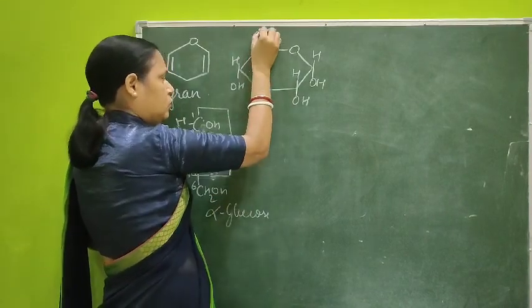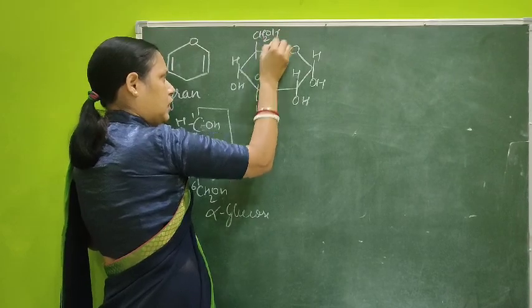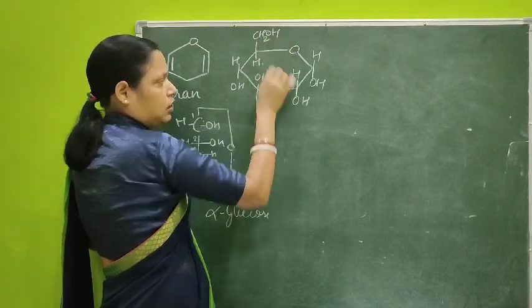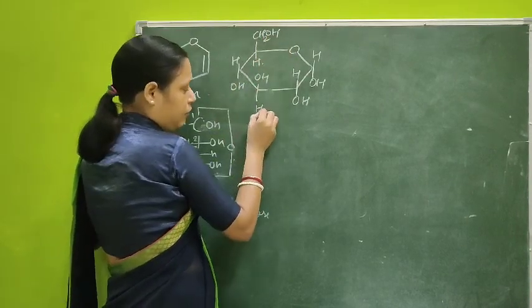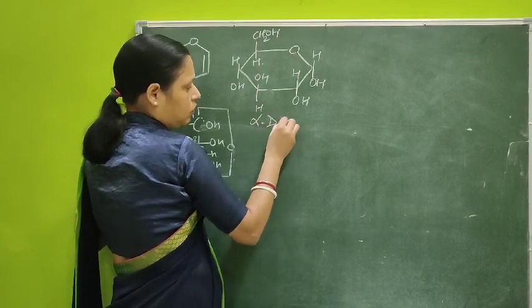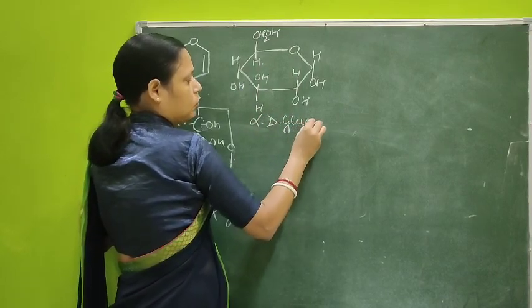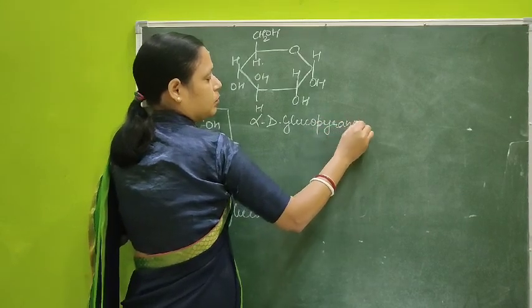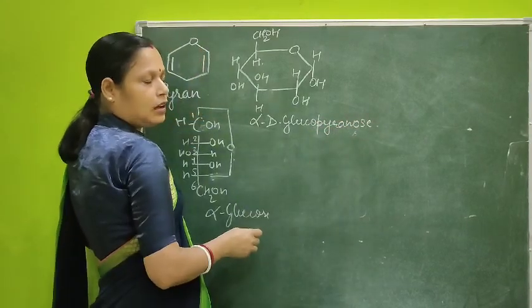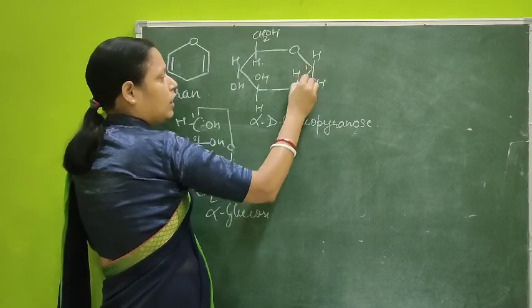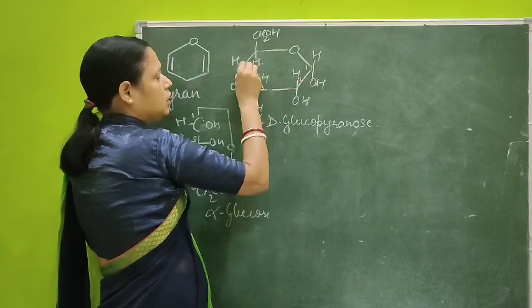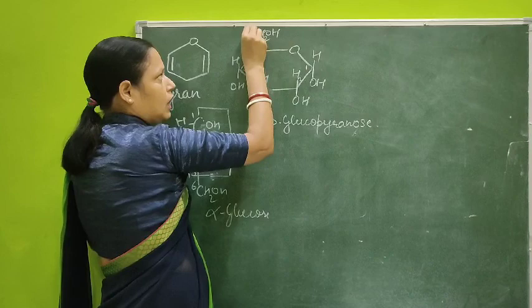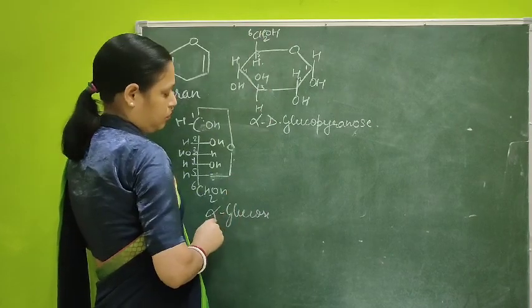This also CH2OH is here and the hydrogen remains here. This is your alpha D glucose structure. It is like pyran, so pyranose. This is your alpha glucopyranose. 1, 2, 3, 4, 5 and the 6th carbon atom is there.